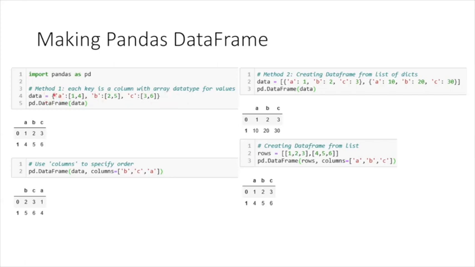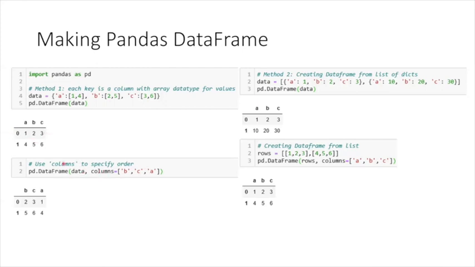A is your key, and your value is this list 1, 4. B is your key, your value is 2, 5. C is your key, your value is 3, 6. We instantiate this data frame with this dictionary, and you get something like this: variables A, B, and C for patient 0, patient 1.